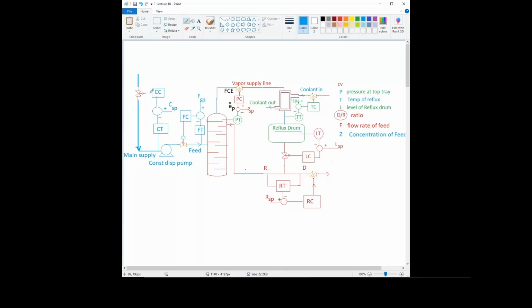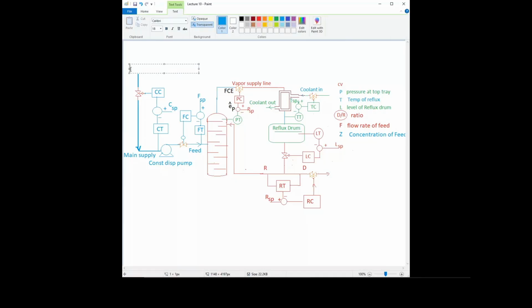So the controller will give the control signal to the valve, and the valve will be placed on the auxiliary supply, because we cannot increase or decrease the concentration using the same supply, right?